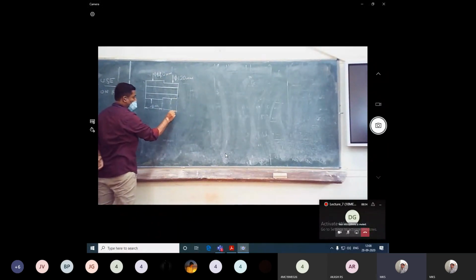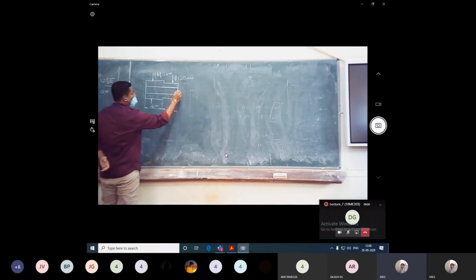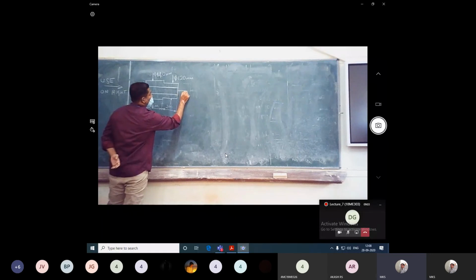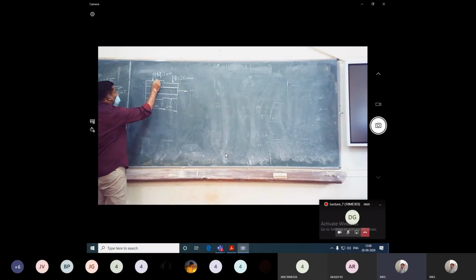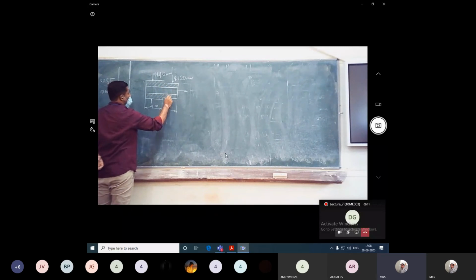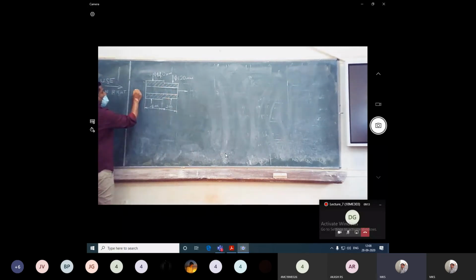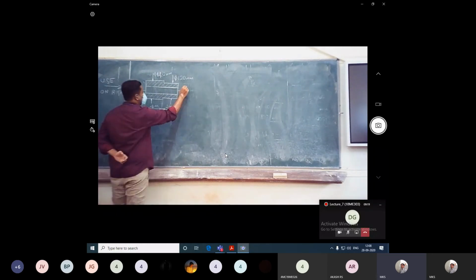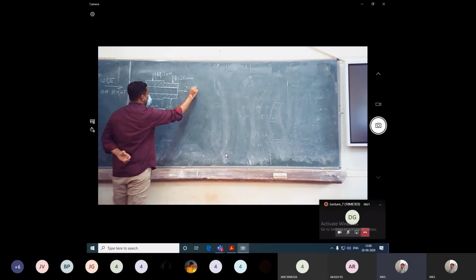Total is 6 meter. So if it is 4 meter on one side, on the other side it will be 2 meters. Right? And it is hollow. The cross section of the bar is hollow. It is acted on with a tensile force of 300 kilonewton.